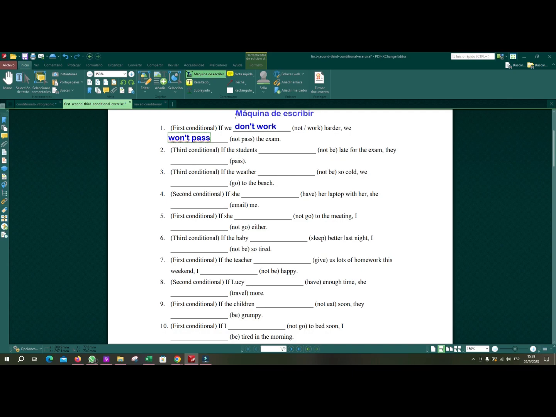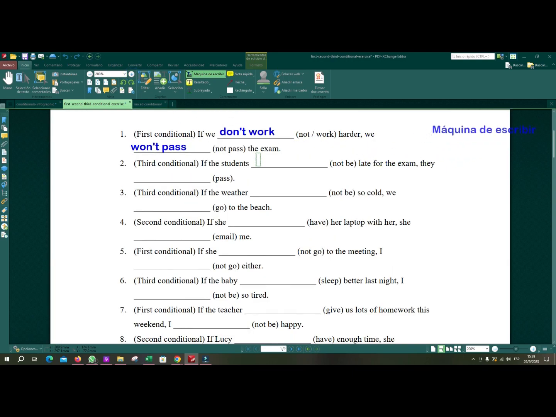What about the number 2? Do you have it, Mr. Mario? That is third conditional. Which could be the answer for the students won't be late for exam. Hadn't been, right? That would be hadn't been late for the exam. They what?